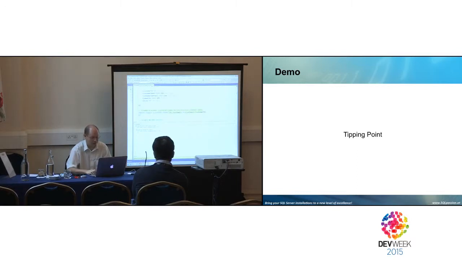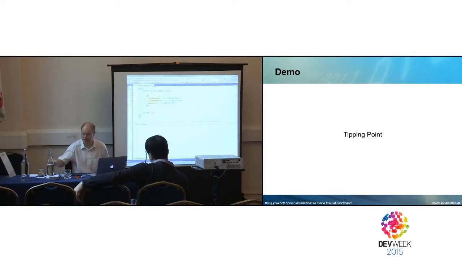I create on the first column customer ID a unique clustered index, and I insert 80,000 records in a while loop into that table. Means every record is 400 bytes long, we can store 20 records on one page of 8 kilobytes, means we have in the leaf level of that clustered index 4,000 pages.